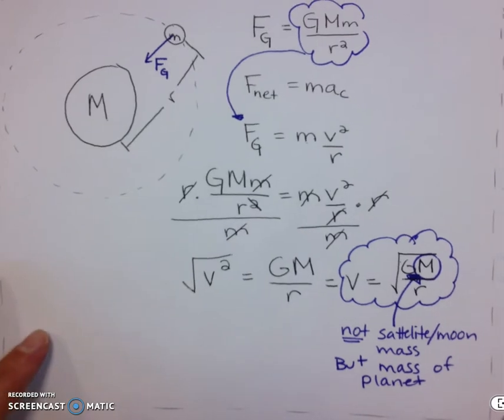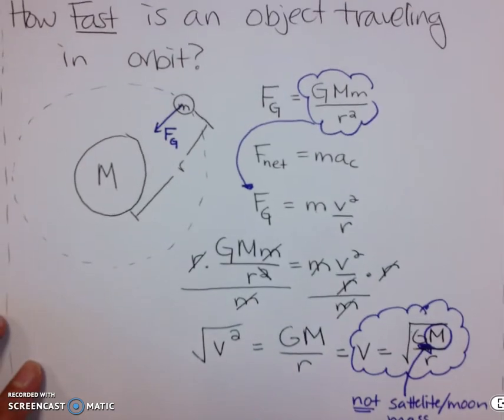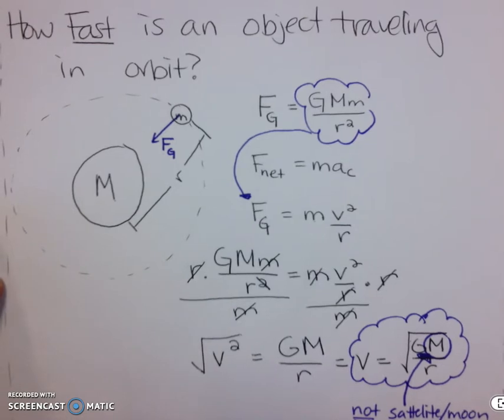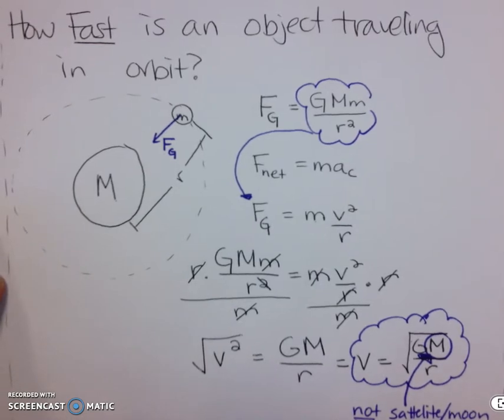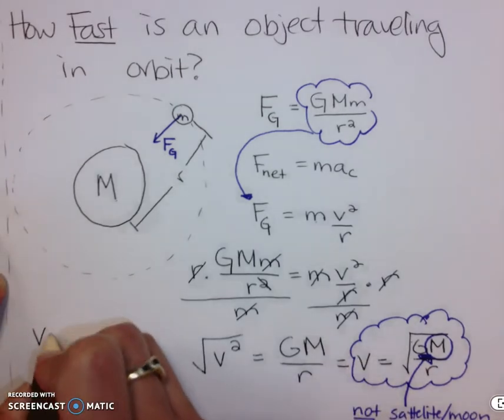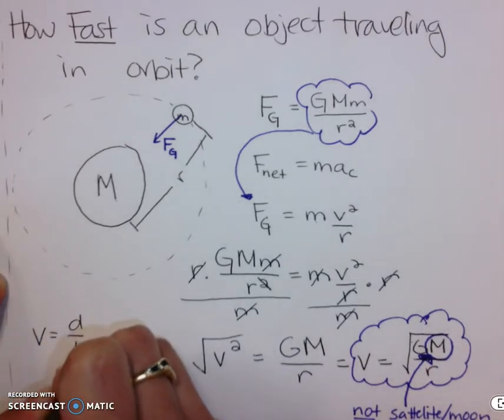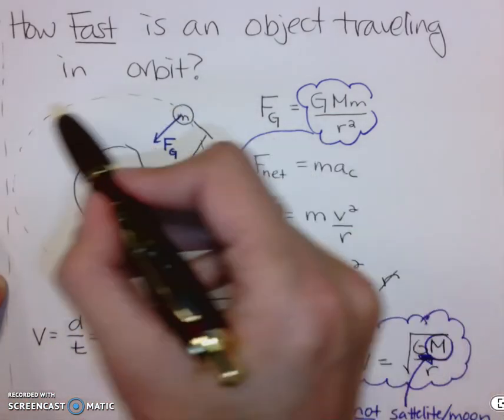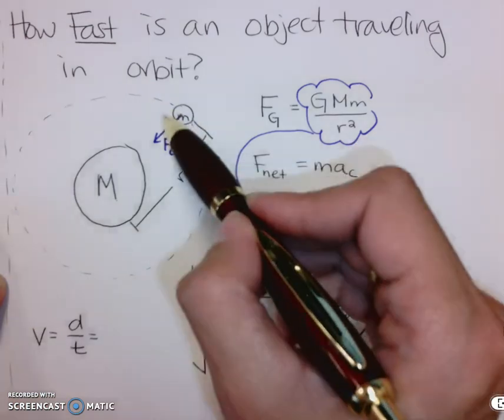The other way that they could have you determine the speed of an object in orbit is using the period. Okay, and the fact that v is distance over time, speed is distance over time. And the distance that the object travels when it's in a circular orbit would be the circumference.